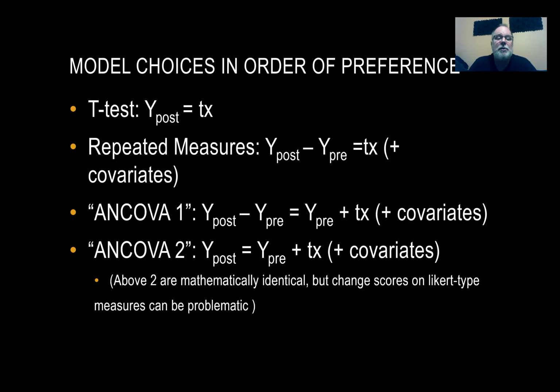You can use classic repeated measures ANOVA, or modern mixed models. Can also use ANCOVA, where the difference score is the endpoint. But most preferable is just using the actual value of the post-treatment measure as the Y value, the outcome, and then covarying the pre-treatment value plus the treatment indicator plus covariates. That will give you the most power in almost all cases. Next slide.